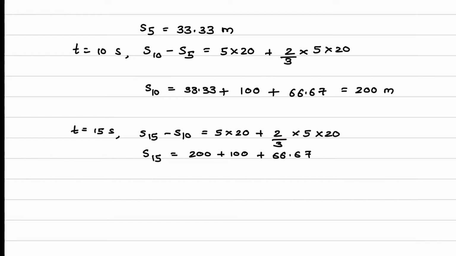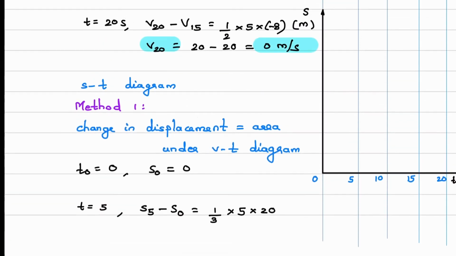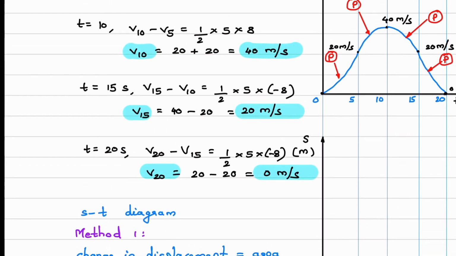So S15 is 366.67 meter. Now last point is remaining, we will see that. Last point is when time is 20 seconds. So we have to write S20 minus S15 is area under this curve.